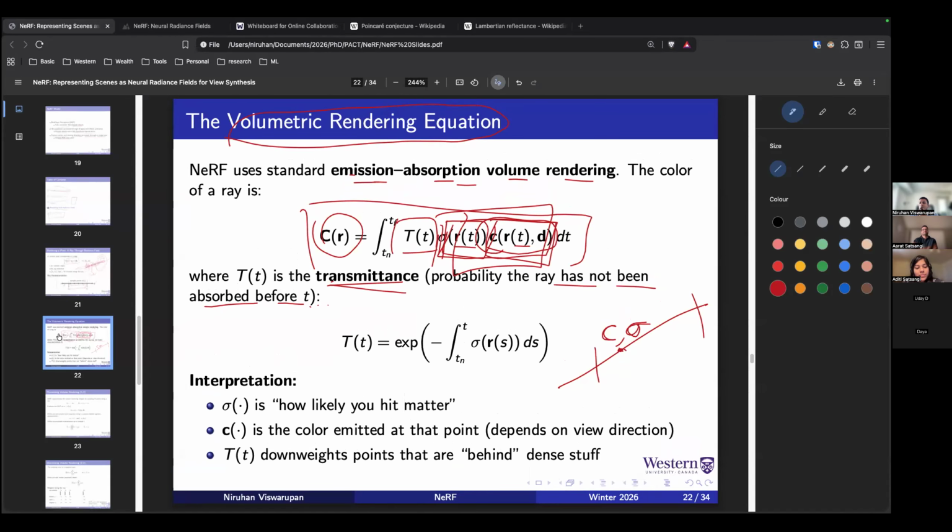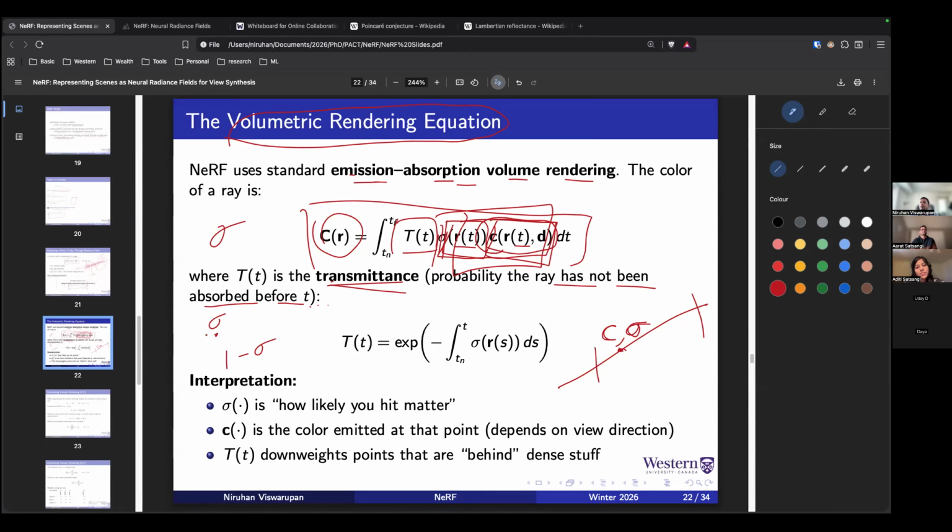Yeah. And also the nice thing about this is that you don't need to learn anything else. We have seen that this sigma is like an opacity, right? So if this point has sigma opacity, then the transmittance of this is just 1 minus sigma. Just the opposite of that is the transmittance, right?